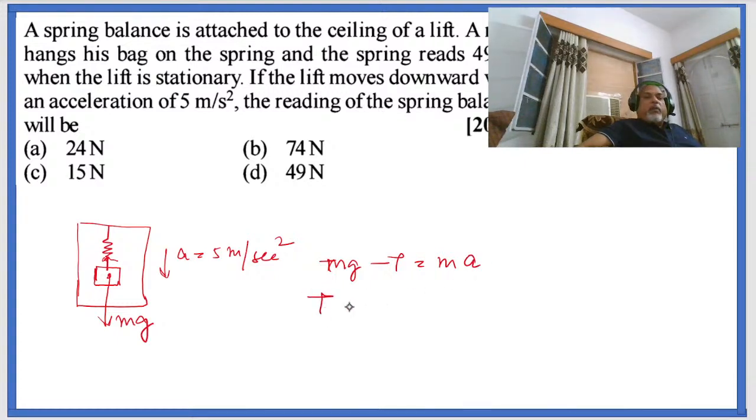So T will be nothing but mg minus ma, where m is 49 Newton divided by g.